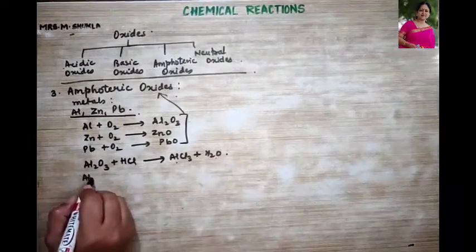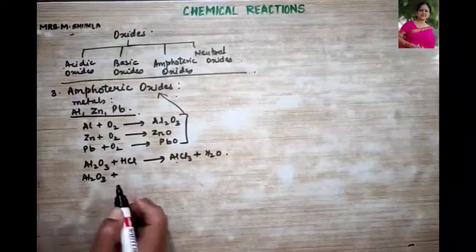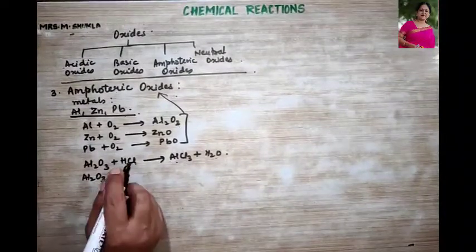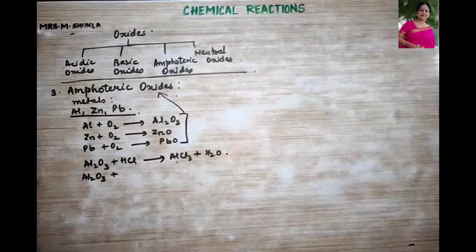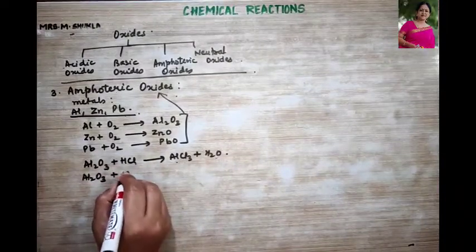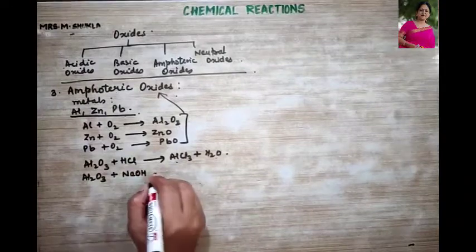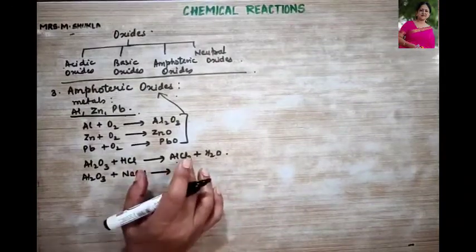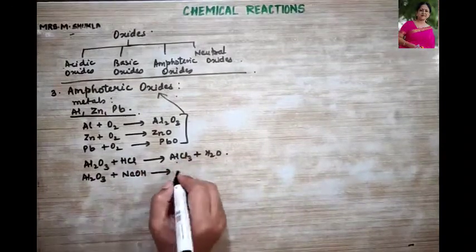Now this same amphoteric oxide can also react with concentrated hot alkalis, for example NaOH, and it forms a complex salt over here. What is the name of the complex salt?